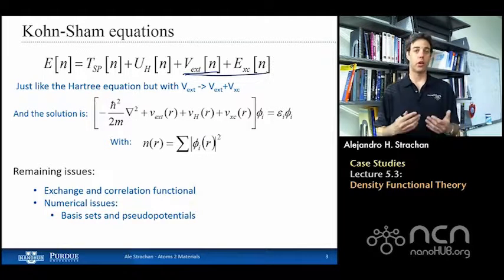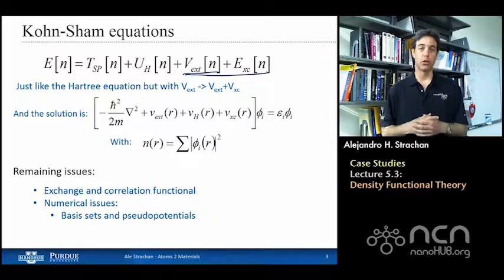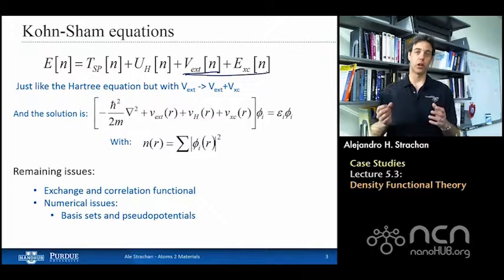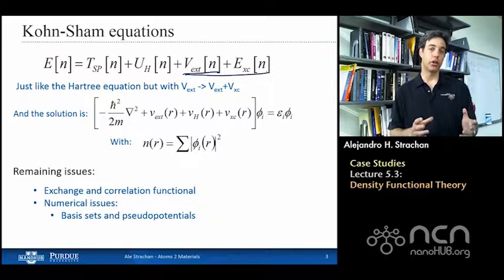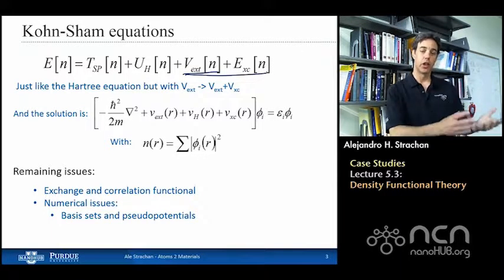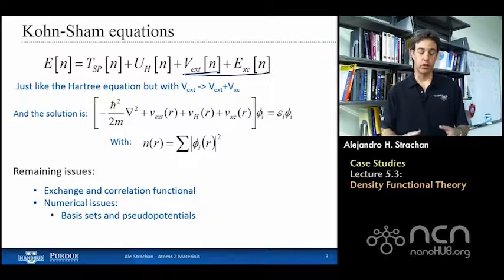And there are a few numerical issues that you have to be aware of when you run or read papers about DFT. And the main two are the following. You're going to use a basis set, a set of functions to describe these Kohn-Sham orbitals, and how big this basis set is affects the accuracy of your calculations.